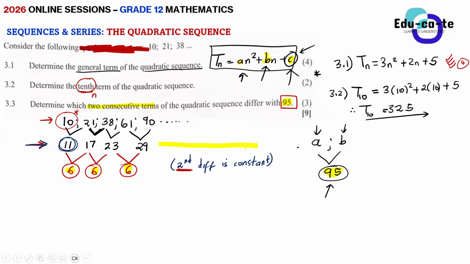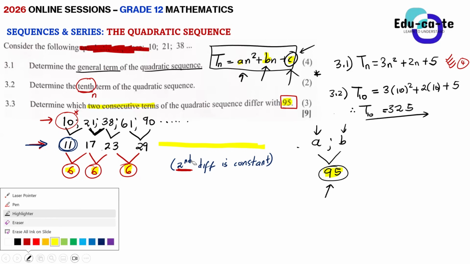Yes, sir. This 95, which is the difference between terms of this quadratic sequence, is part of this arithmetic sequence. I repeat, guys, do we get it? Yes, sir.